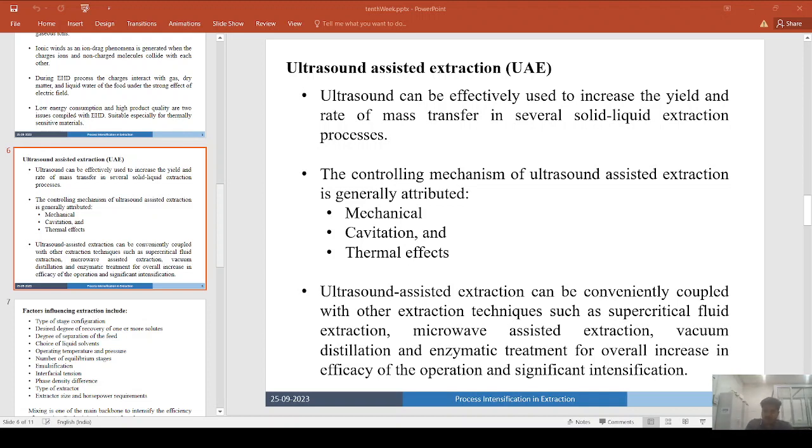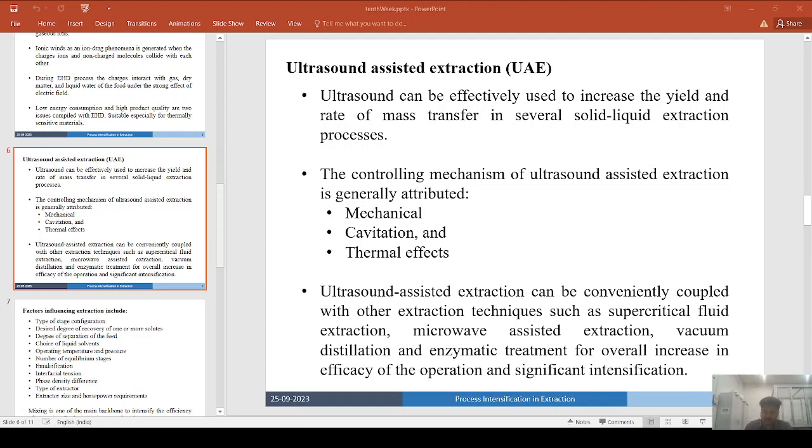Now, I will just go and discuss some representative examples of process intensification using ultrasound assisted extraction. For example, the material extracted is polyphenols from orange peel, and the equipment used is basically an ultrasonic bath that operates at about 25 kilohertz.